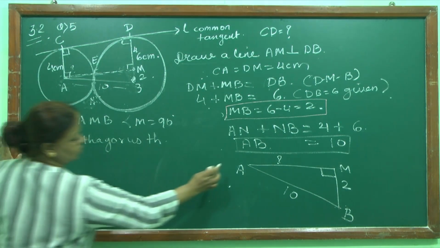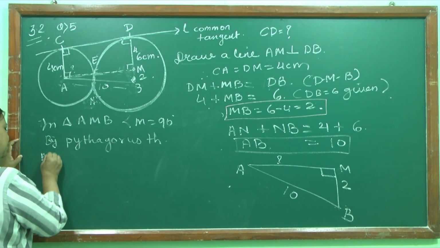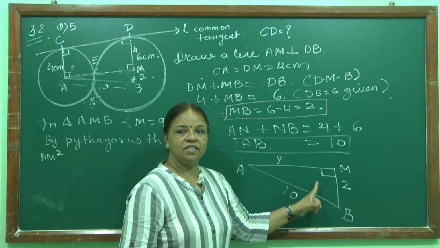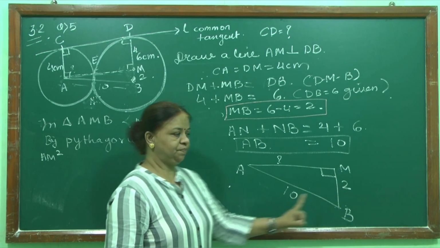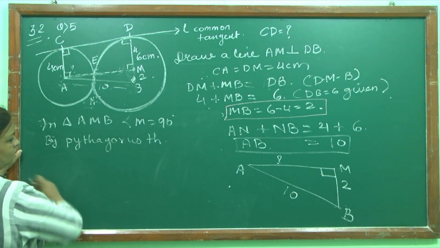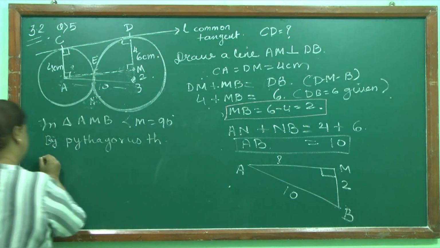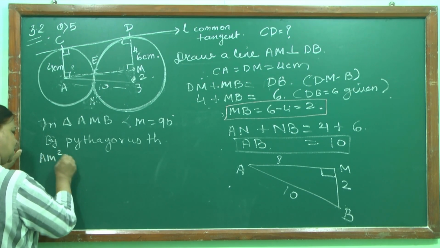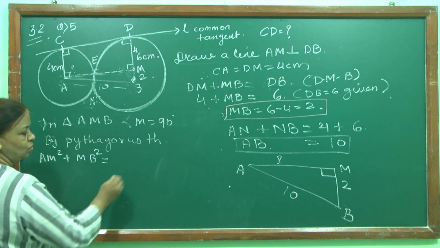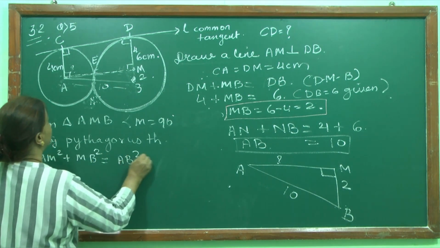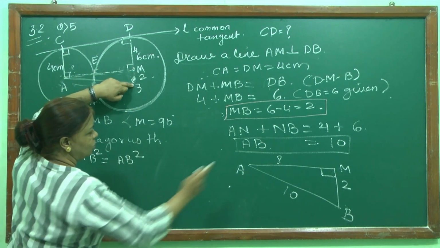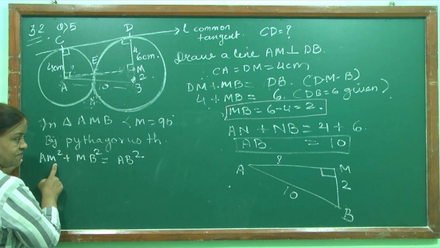In Pythagoras theorem, children, you know, the sum of the squares of the perpendicular sides is equal to the square of the hypotenuse. In triangle AMB, I will take AM square plus MB square is equal to AB square. Now you see AM we want to find out.